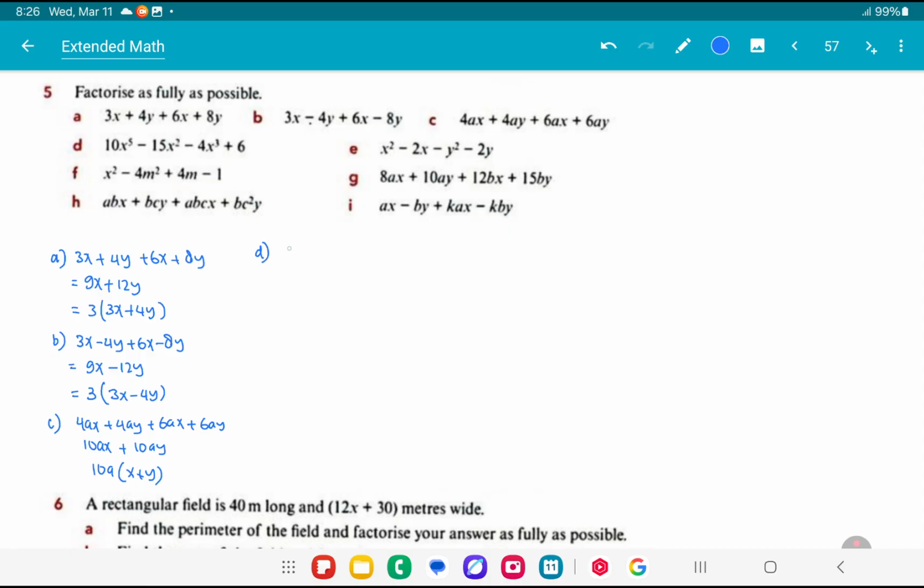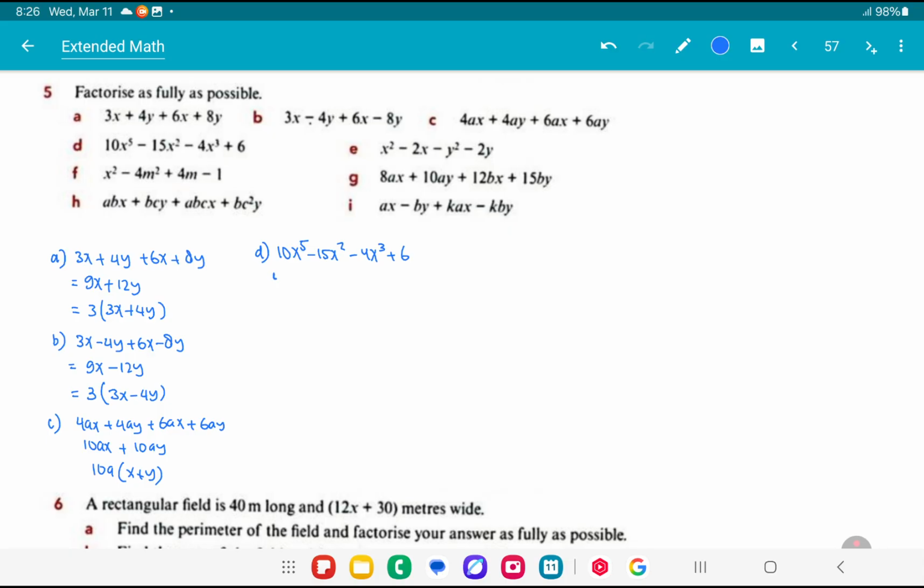For question D, 10x raised to the power of 5 minus 15x squared minus 4x cubed plus 6. For the variable, we cannot factor the x or the number, so we will factor both 10 and 15.